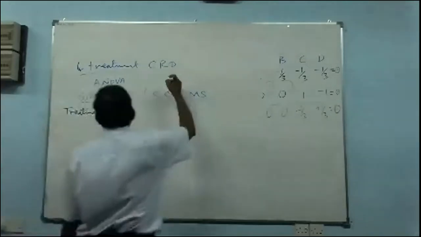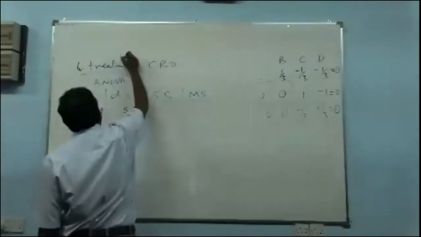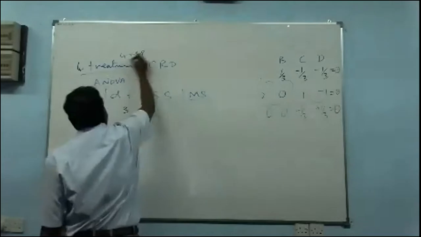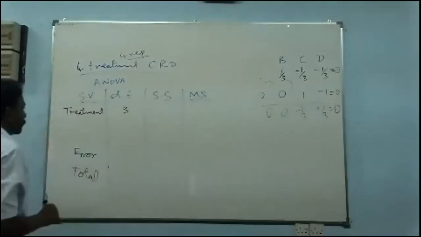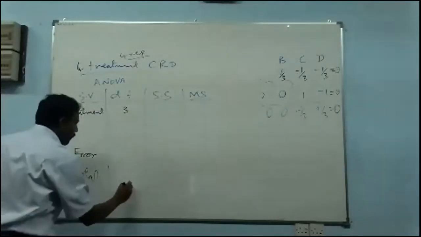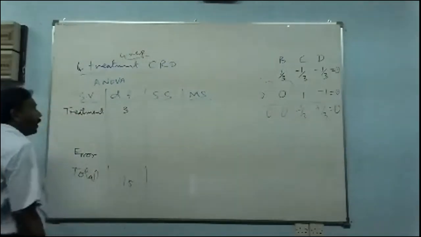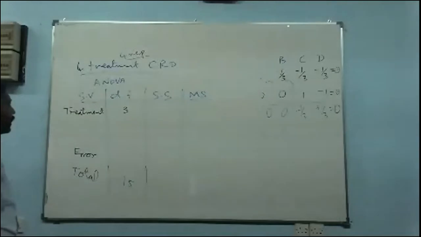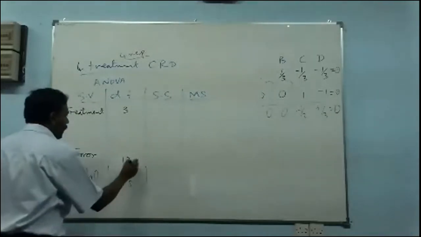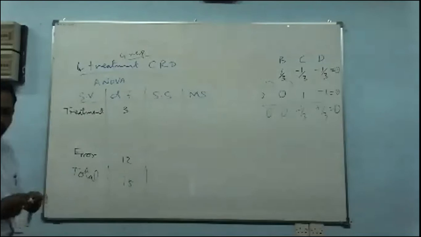CRD with, let's say, 4 replicates, so the total degrees of freedom is 15. T into R minus 1, that is 12. Error degrees of freedom is 12.